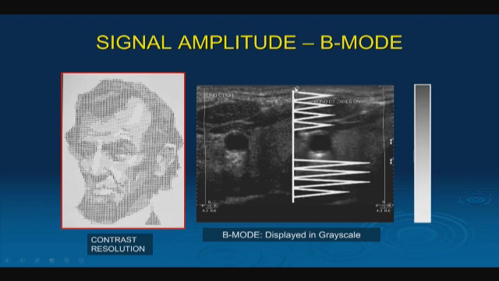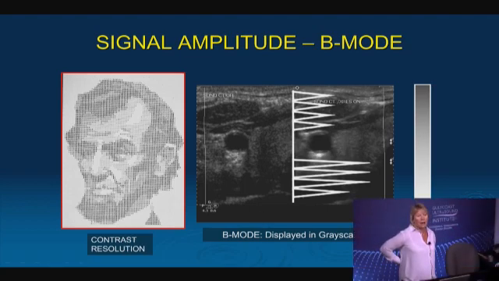So if I'm scanning on the anterior surface of the body, then this will be anterior and the bottom will be posterior. But let's say I'm coming around and scanning from behind, then my sound wave is going to interact with the posterior structure first, so this would then be posterior, and this would be anterior. So always have to think, what structure is my sound wave interacting with first, and how am I scanning?